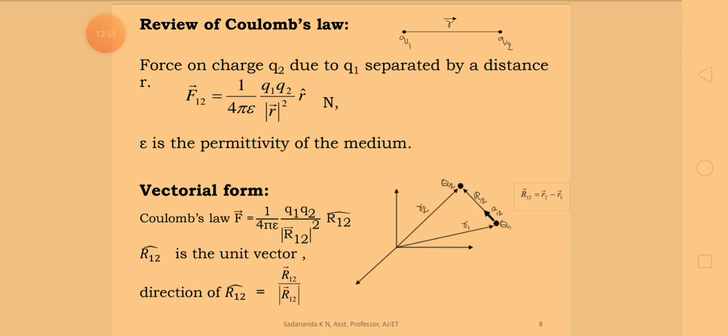The separation between the two charges, that is Q1 to Q2, is vector r12, and a cap 12 is the unit vector that represents the direction of the resultant vector.